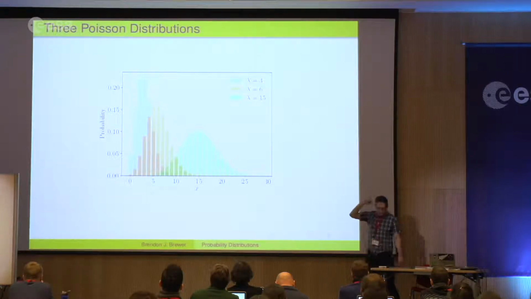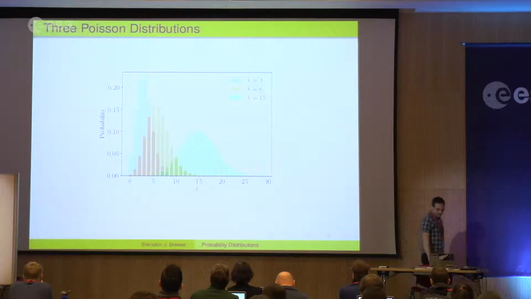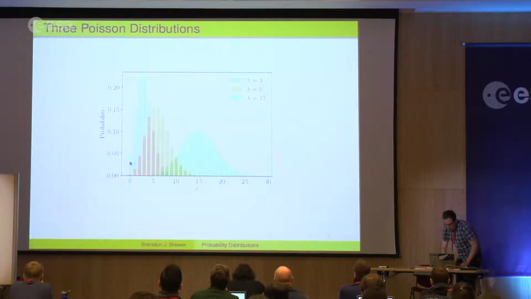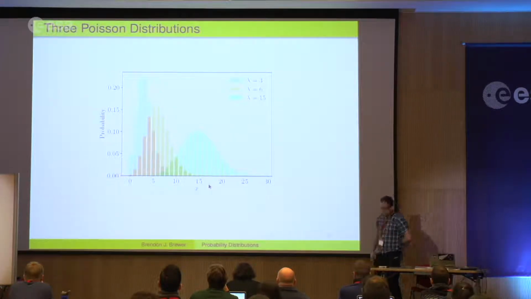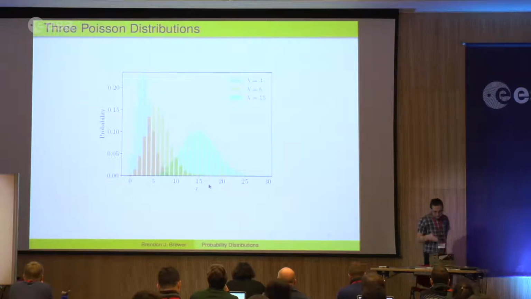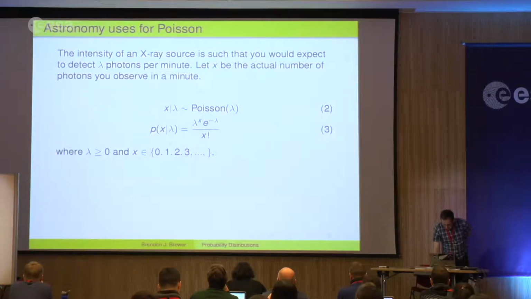And remember, lambda sets the expected value of x in this case. So if you have lambda being 3, then you'll get the blue distribution where values around 3 are very probable. If lambda's 6, then you have this orange distribution. And if lambda's 15, you have this green distribution centered around 15 and with expected value 15.